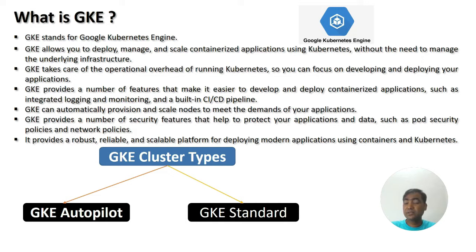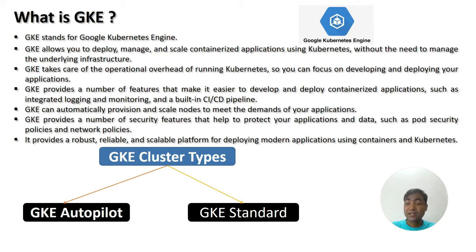GKE provides features like identity and access management, role-based access control, and network policies to help secure your cluster and application. GKE can automatically provision and scale nodes to meet the demands of your application. It provides a robust, reliable and scalable platform for deploying modern applications using containers and Kubernetes.